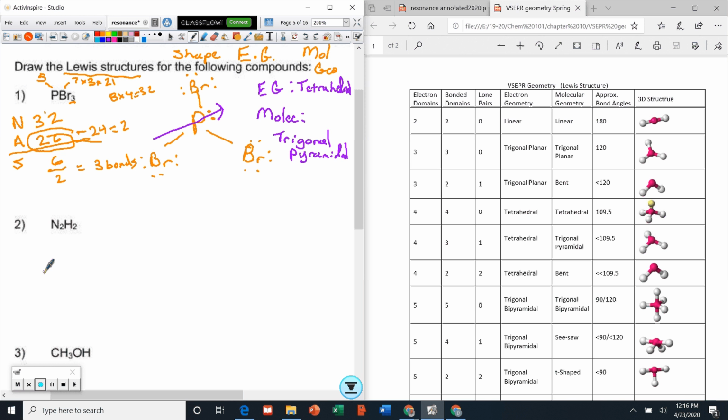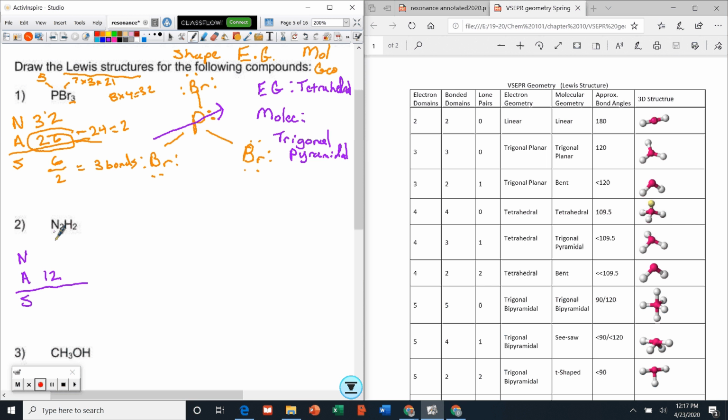All right. So doing my needed, available, and shared, just so that I can get everything. And oddly enough, the needed, available, shared is going to give us the right number of bonds and everything. All right. So we need 12 electrons total, because each nitrogen has 5. So 5 plus 5 is 10. Each hydrogen has 1. So 10 plus 2 is 12.